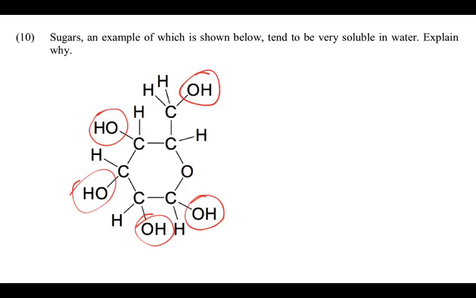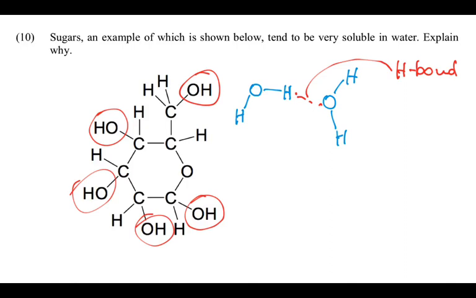So what happens is, think about it, you put the sugar in water. I'm going to make the waters all blue. So we'll have a water example here, with two hydrogens and one oxygen. All the waters themselves are hydrogen bonded. Let me try to draw this a little nicer. So here would be a hydrogen bond.